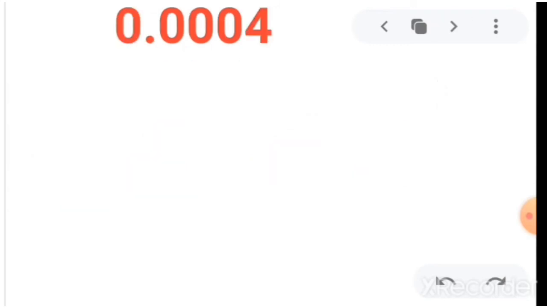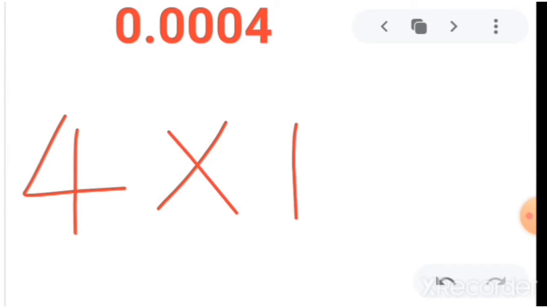Another example we are going to see is a really small number which is less than 1. The power of 10 in writing small numbers in standard form must be negative. Now, the first number we have seen here, which is a whole number, is 4. So we write 4 times 10. How do we get the power of 10? The decimal point moves to the right. So let us count the number of places the decimal point will move to the right.